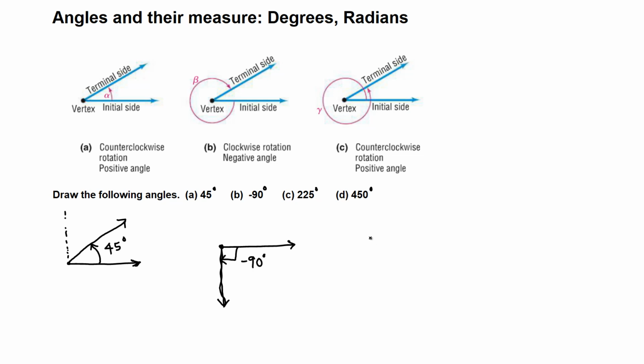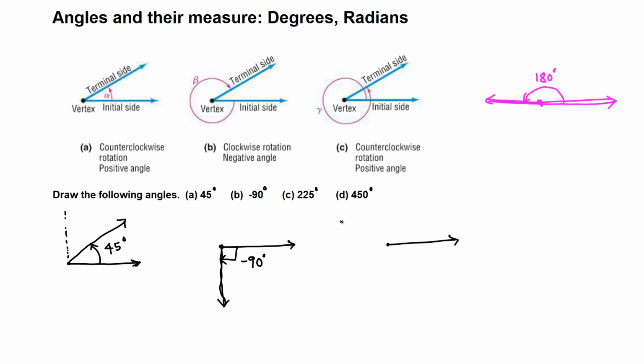225. As we know, let me show you over here, we have this initial side. If we go straight to the other side, it becomes a line. This is 180 degrees. 225 is past 180, so a straight line would be 180, and it's more than 180.